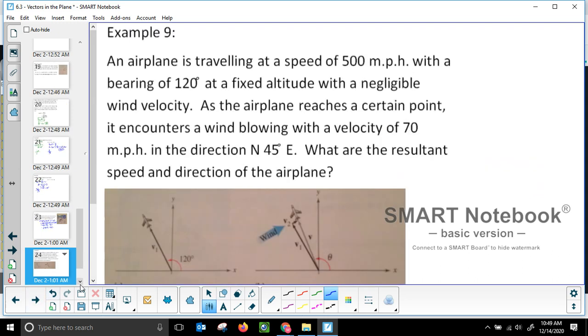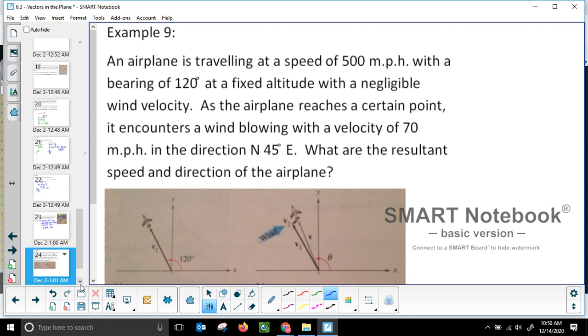All right, so these are those problems that you might see on an SAT or ACT that people typically hate. An airplane is traveling at a speed of 500 miles per hour with a bearing of 120 degrees at a fixed altitude with a negligible wind velocity.